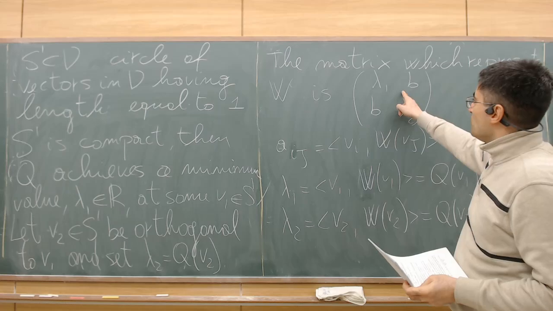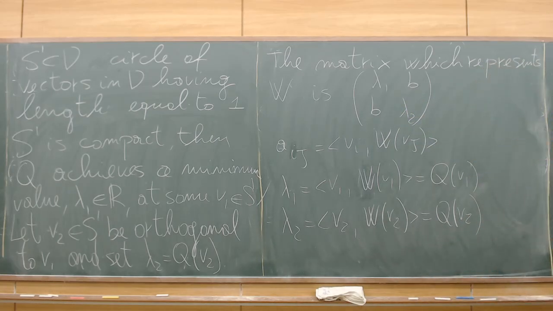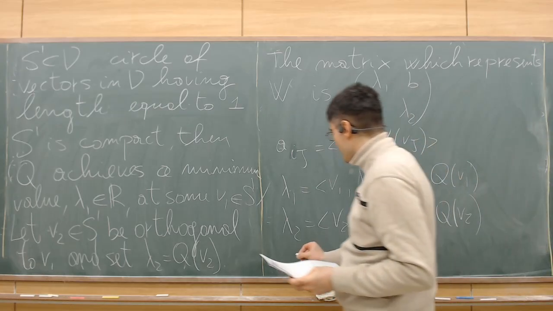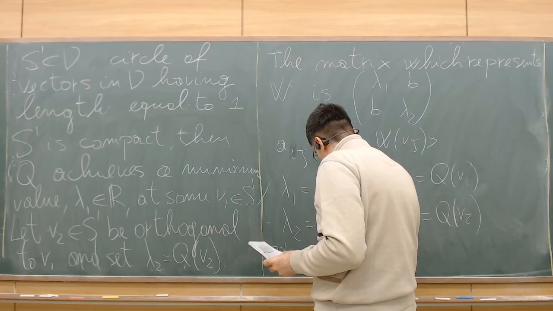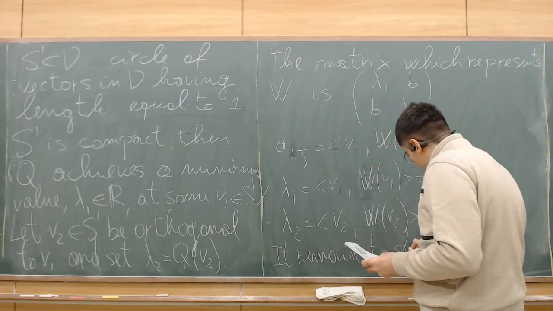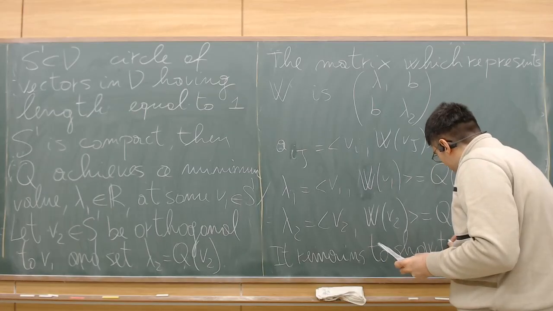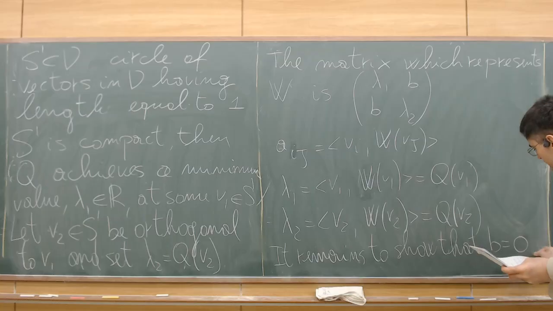We know that the matrix is symmetric by the previous result. Now it remains to show that B is 0.